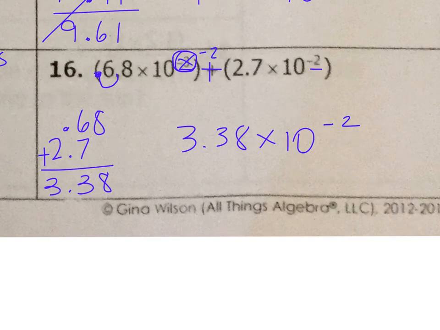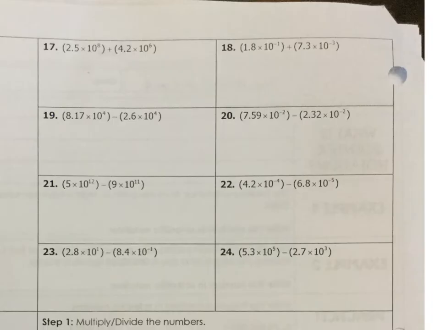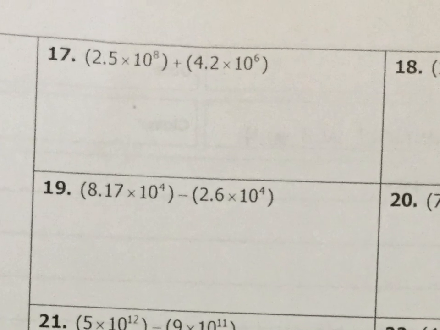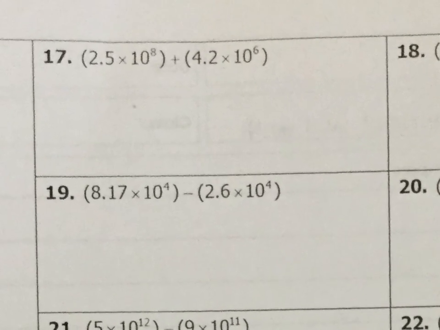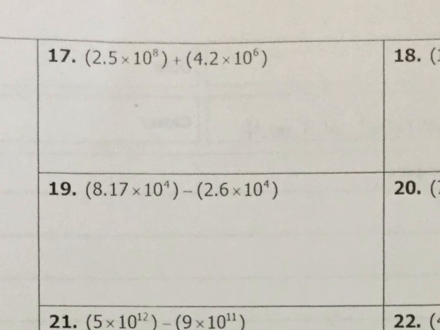All right, flip over to the back side for me. Okay, we're going to do the same thing we just did. We just need to be careful how many times we move our decimal place. This is an addition problem like the others. I got a 6 and I got an 8. The 6 is smaller. I need it to become an 8. To do that, it needs to add 2.